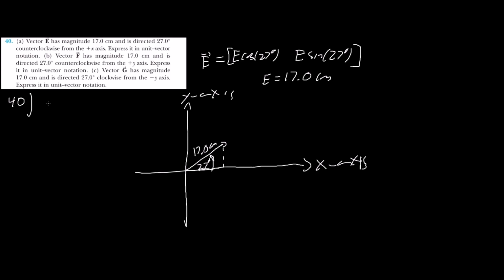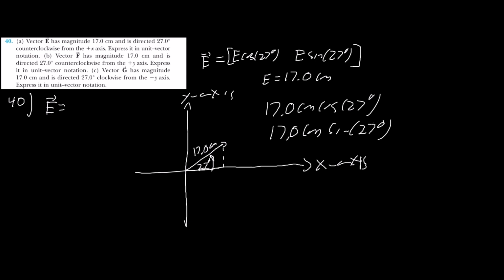All right, so for this one, they want us to express this in unit vector notation. So let's write that down. 17.0 centimeters cosine of 27 degrees, 17.0 centimeters sine of 27 degrees.